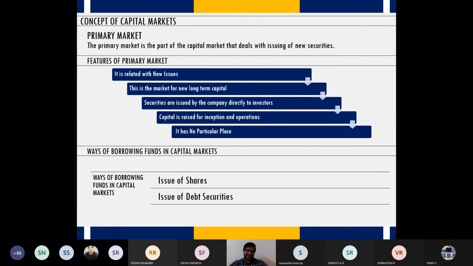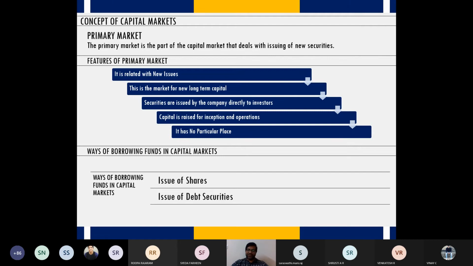You have to issue a financial instrument and then borrow the money, which means either you have to issue shares or you have to issue debt securities, which primarily include debentures and bonds.